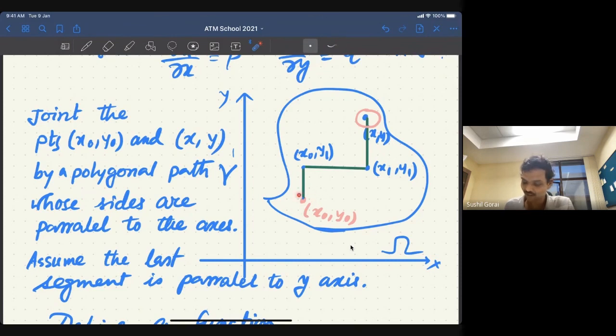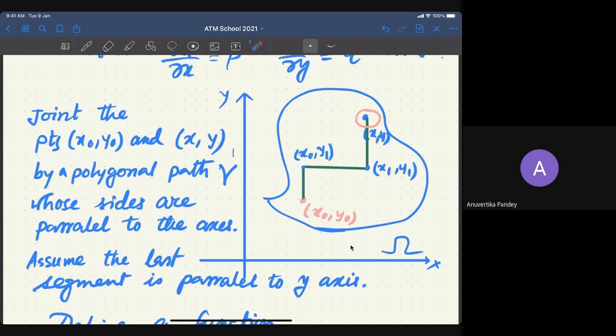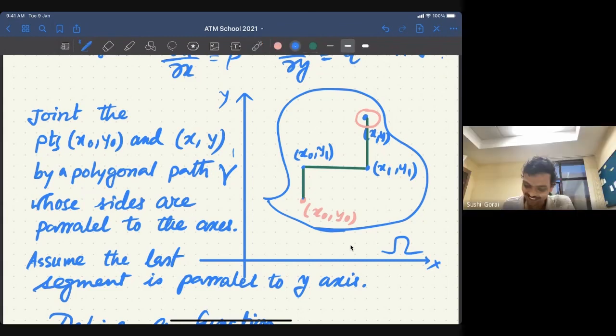So it will depend on this and this. How many times you go and whatever curve you take in the middle doesn't matter. If you go this way, this way, this way, ultimately you go this way, it doesn't matter. The point is, it is given to depend only on the endpoints. Is it clear?